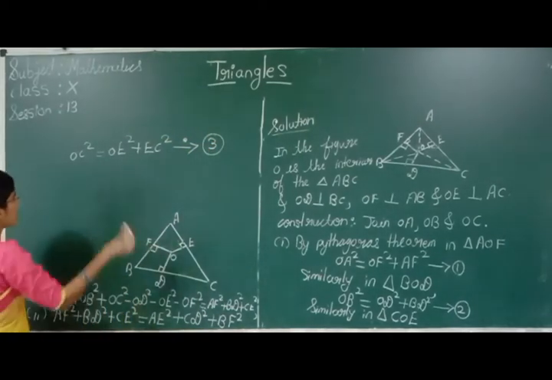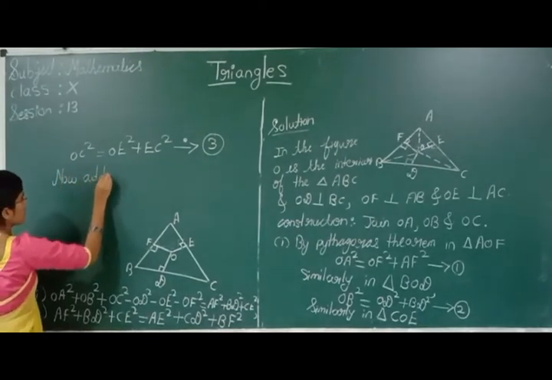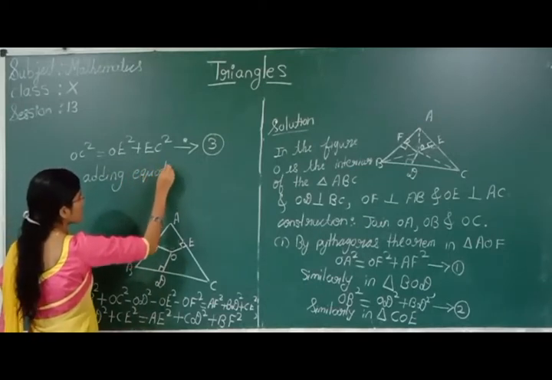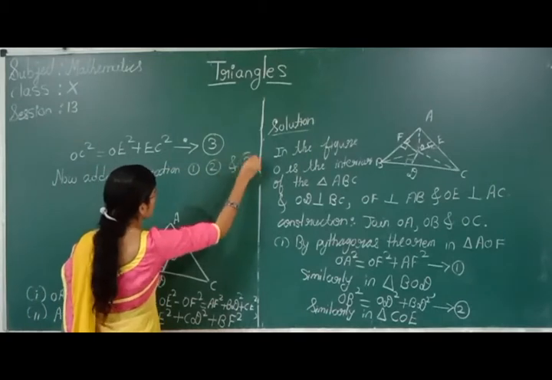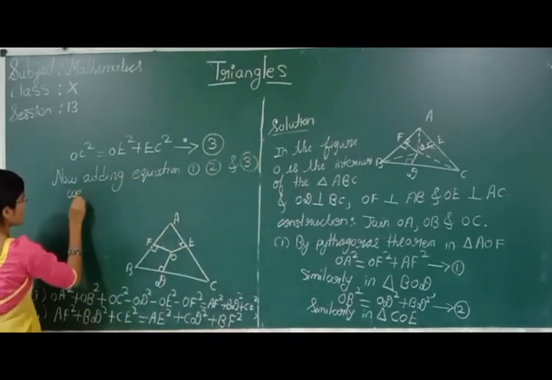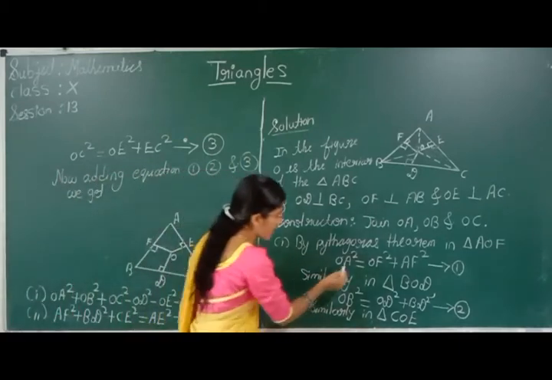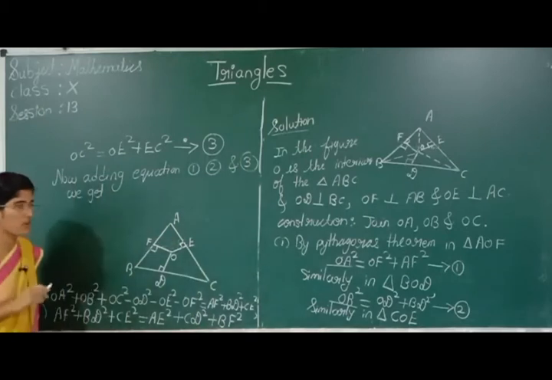Okay. Now adding equations 1, 2 and 3, we get: add equation 1, 2, 3. LHS part we have to add for LHS, and RHS part we have to add for RHS.